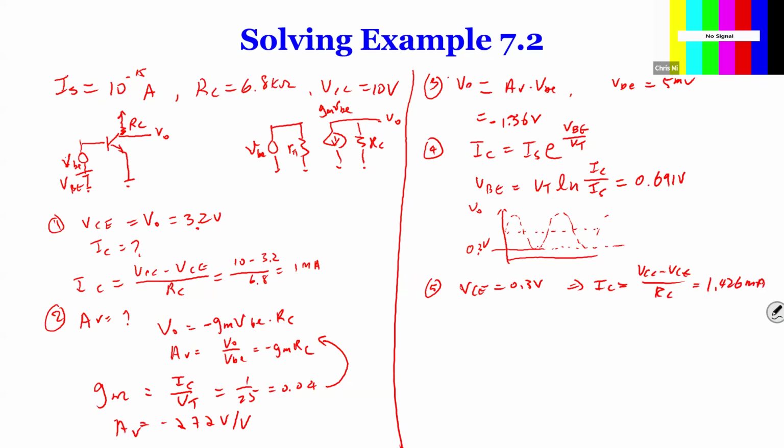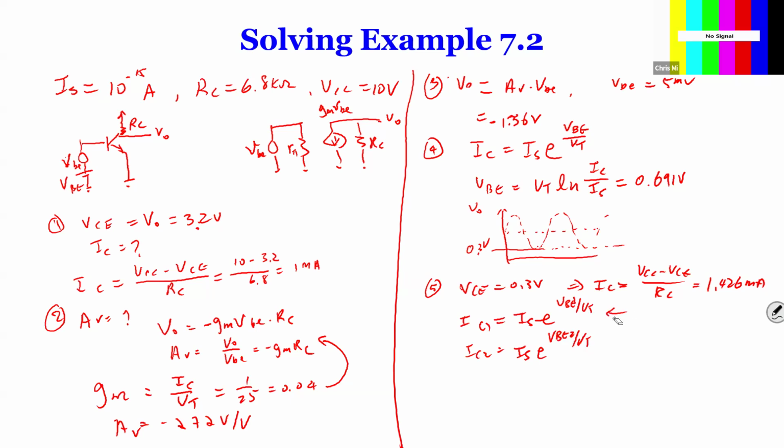Suppose that your VCE drops to 0.3, that will be the edge of your current. Okay. And then from here, you can find your IC equal to IS e to the power VBE over VT, right? So you can say IC1, IC2, IS e to the VBE1 over VT, and IS e to the VBE2 divided by VT.